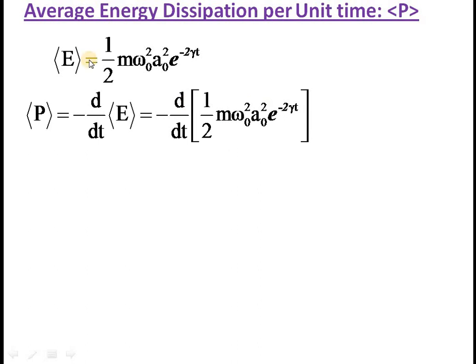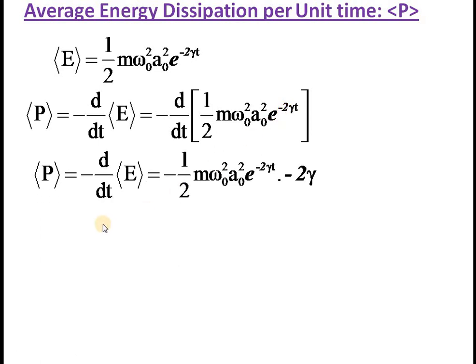So let us differentiate this with respect to time. We differentiate only the exponential term. On differentiation, e raised to minus 2 gamma t will give you simply minus 2 gamma into e raised to minus 2 gamma t.